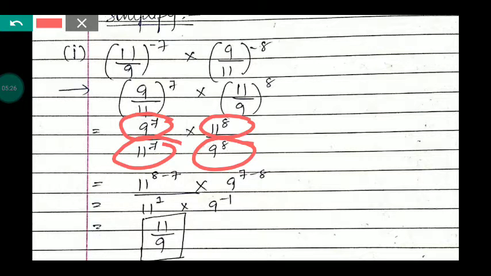Individually 11 is done with 11 and 9 is done with 9. So 11 raised to 8 minus 7 and 9 raised to 7 minus 8. This gives 11 raised to 1 and 9 raised to minus 1. Again, this 9 raised to minus 1 is taken in the denominator and we get 11 upon 9.